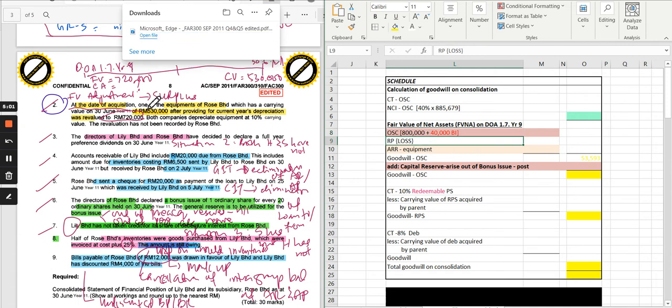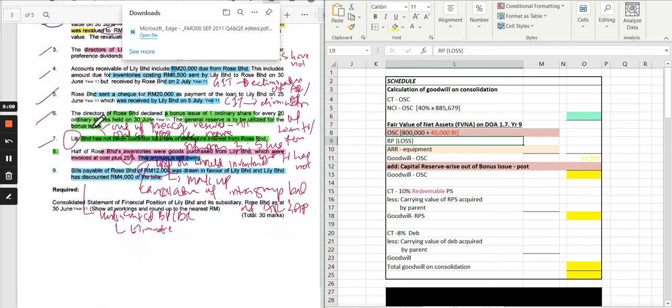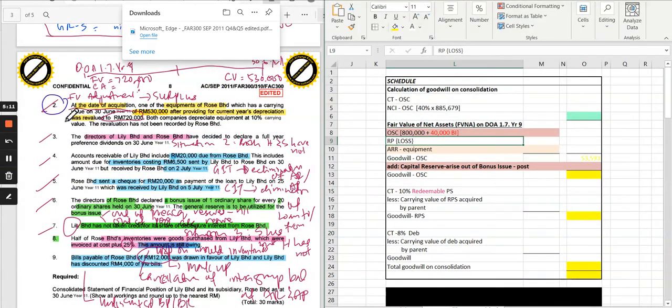So if you can see here, you have your fair value adjustment here. So we're going to do that first. On top of that, because that would affect the reserve here, there will be some asset revaluation reserve on the date of acquisition because previously it was not recognized. So we need to do the adjustment first.